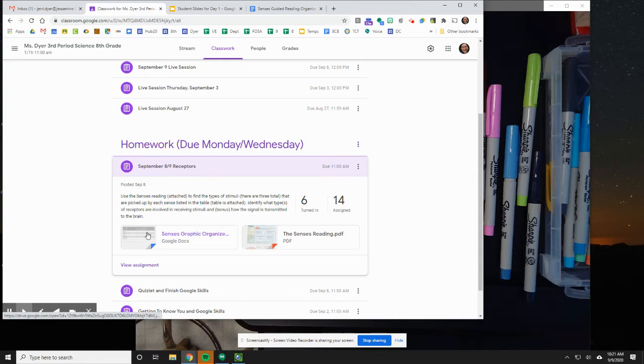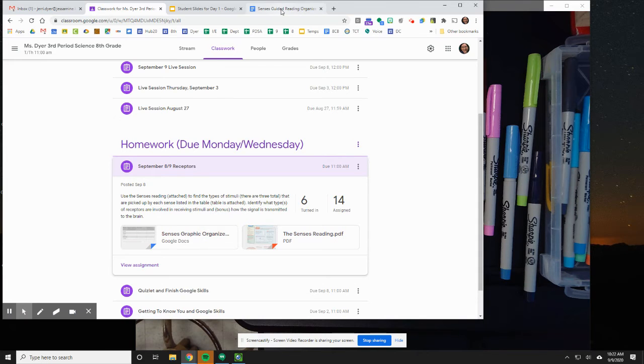So here is your organizer that looks at the types of senses, the types of stimuli, and the receptors. We'll look at that in just a second more in depth. And you're going to identify what types of receptors are involved. And there's a bonus, so it's optional, how the signal is transmitted to the brain. All of that information is in your reading, and that's all you need to look at for that.